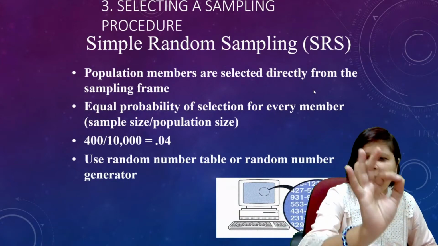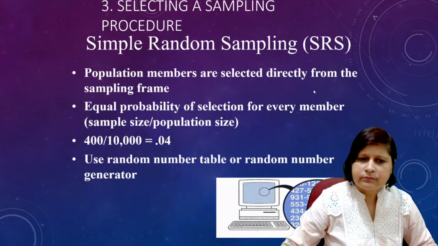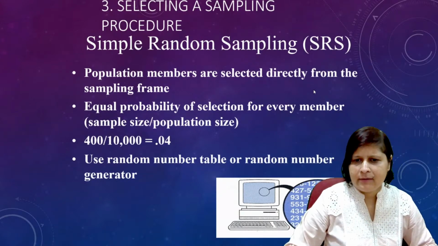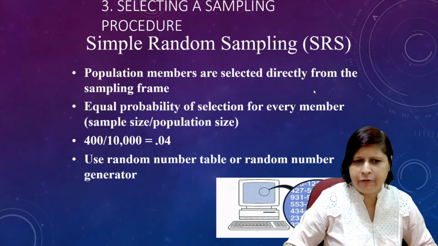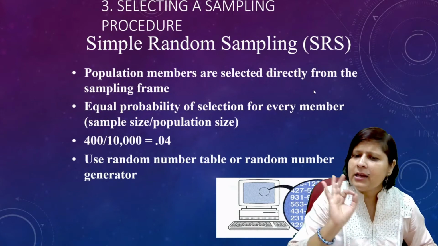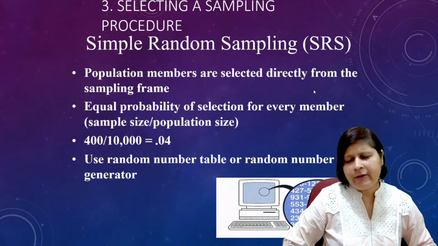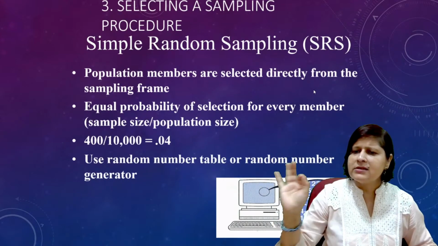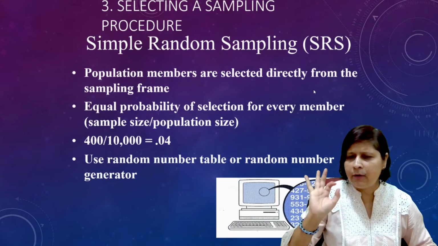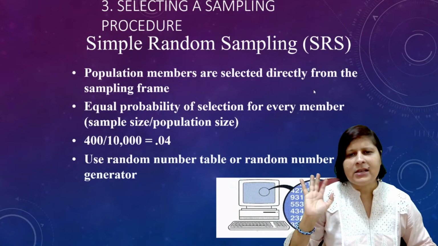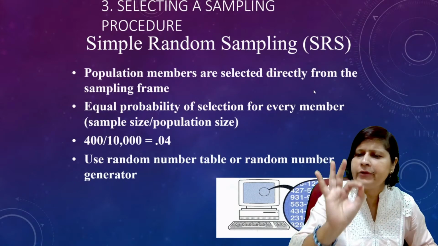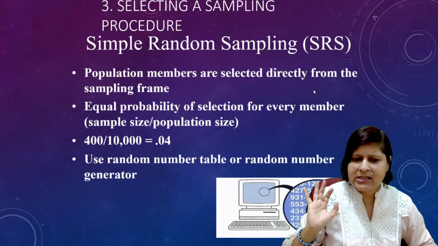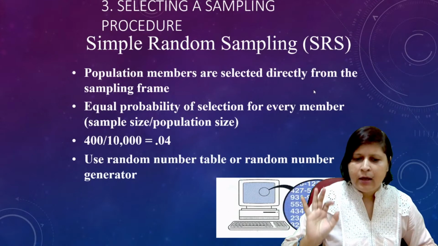Suppose I have selected W as a sample from my sampling frame, right? There is equal probability of selection for every member from A to Z. Every individual has equal probability of selection as a sample.